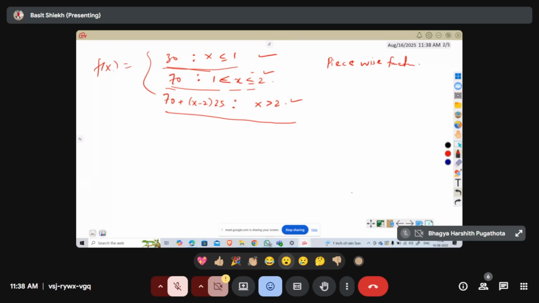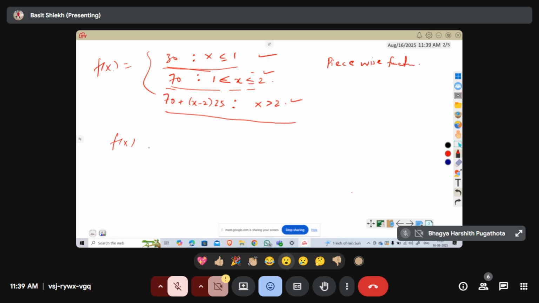For this, from 1 hour to 2 hours, it's defined as 70. Then for greater than 2 hours, it is defined as 70 plus (x minus 2) into 25, where x is the number of hours.